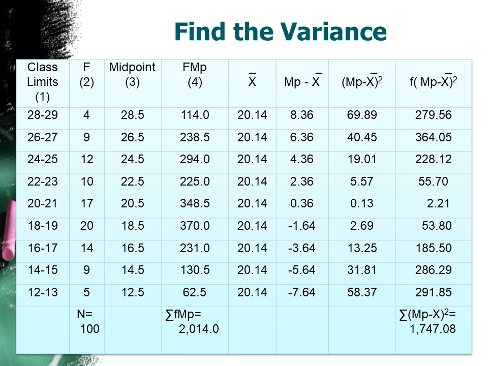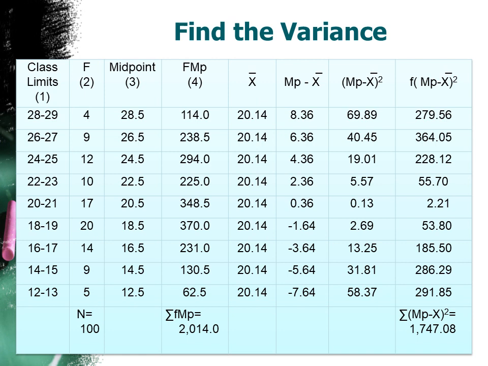The first entry of that column is 69.89 because square mo yung 8.36 using your calculator, and so on and so forth. So after the squaring, you can get 40.45 as the second entry, 19.01, 5.57 rather, and so on and so forth.